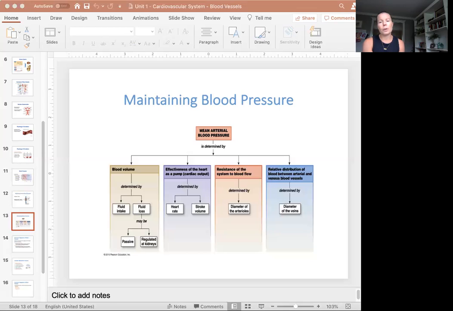So the way that hormones regulate blood pressure is if they have an immediate response or a very quick response, they can do that by changing peripheral resistance. But if they are hormones that have a longer response time, that means that they are responding by making changes to blood volume. So any changes in blood volume take a while, and that's considered a long-term response.